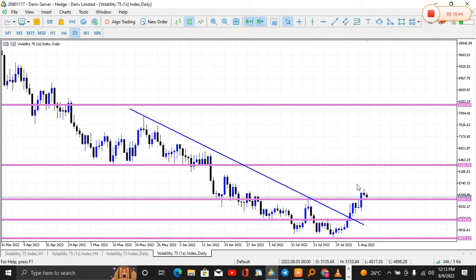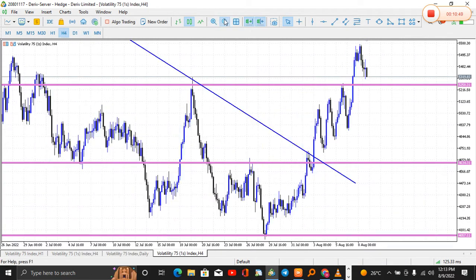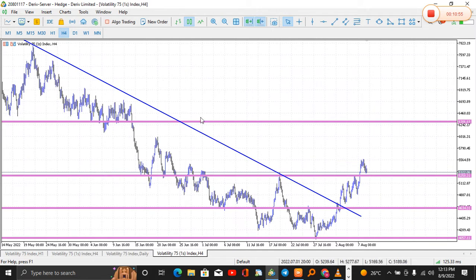So what does this mean? This means when you look at the 4-hour time frame, you'll find the market is trying to make the higher highs and the higher lows.